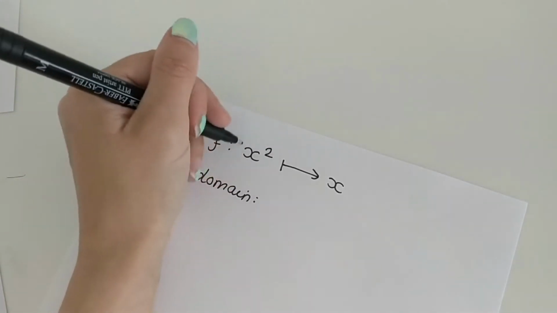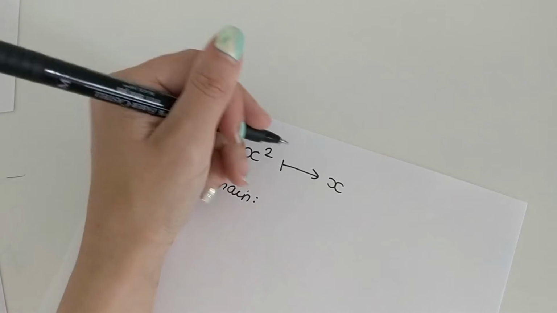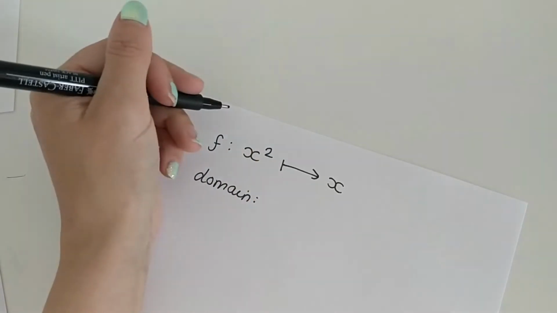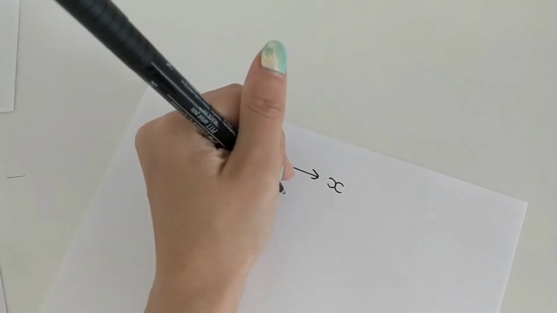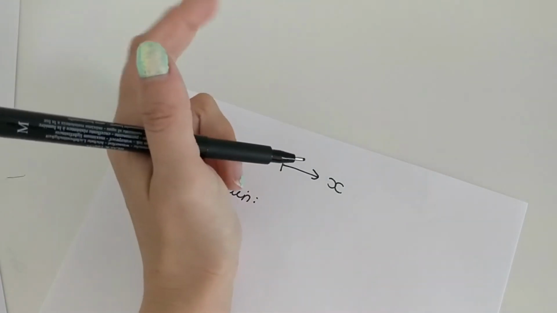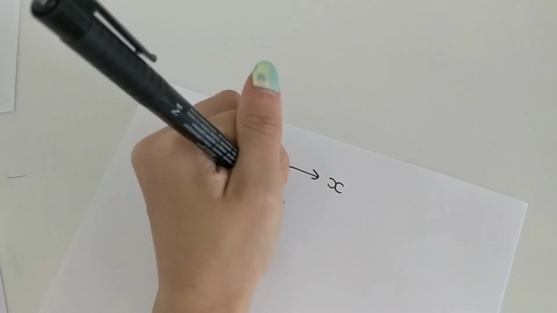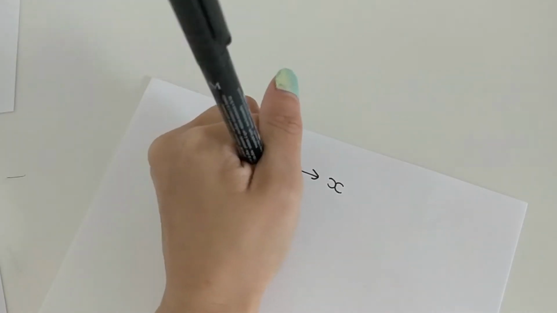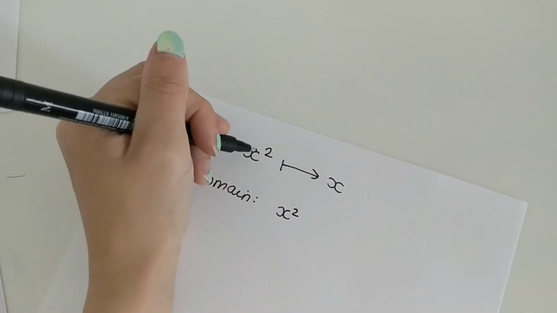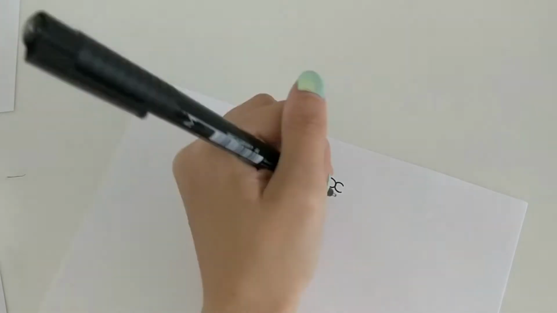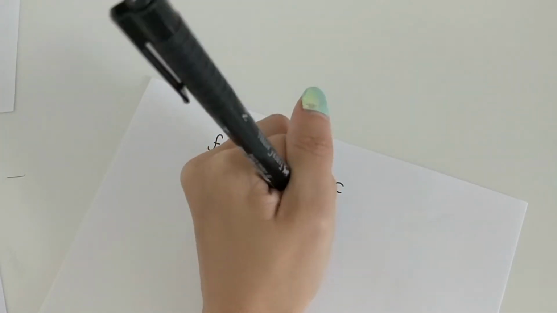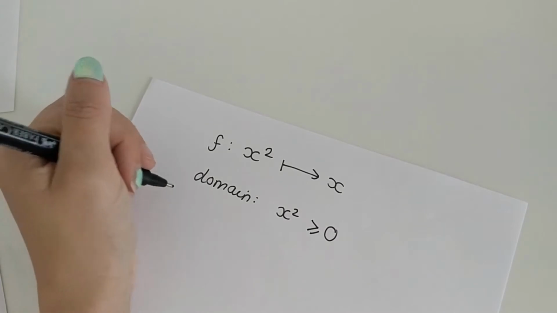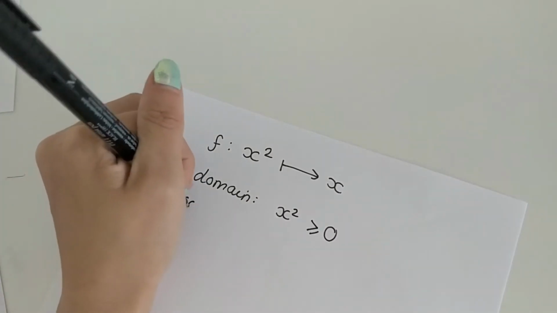But I couldn't put a negative number here, because you can't square root a negative number. So the domain would have to only be positive numbers, and it has to be real. So let me just say x squared. I'm not writing x, I'm writing x squared, because that's what's here. x squared would have to be non-negative. Okay. The codomain.